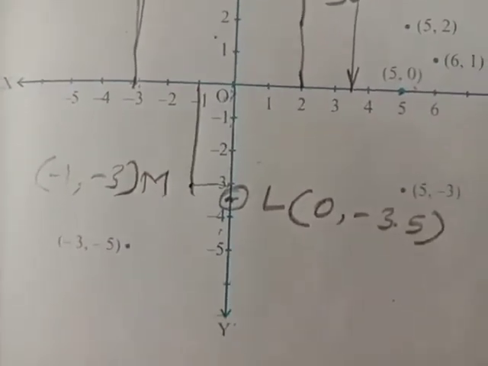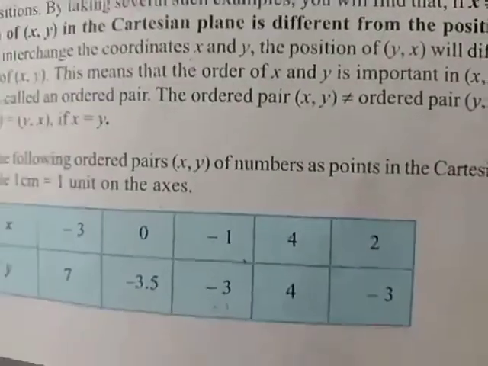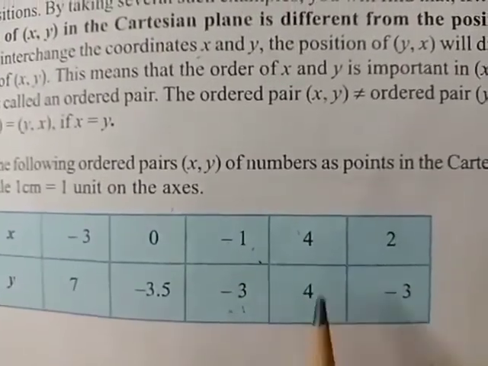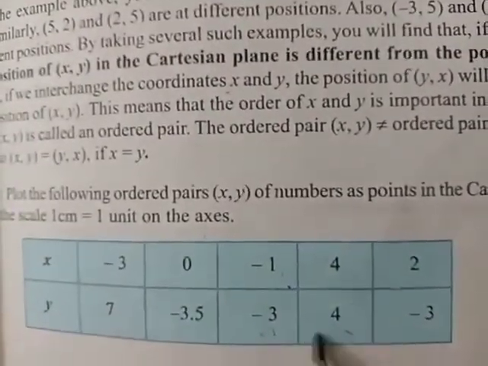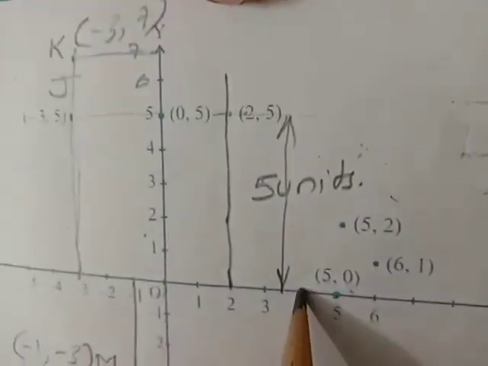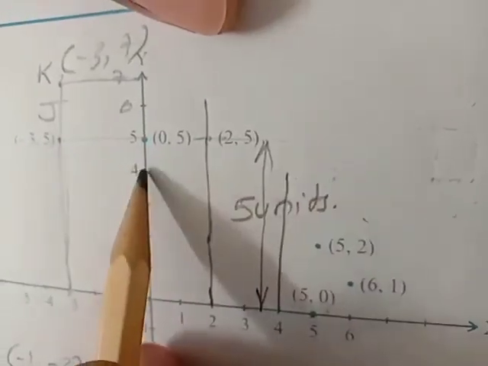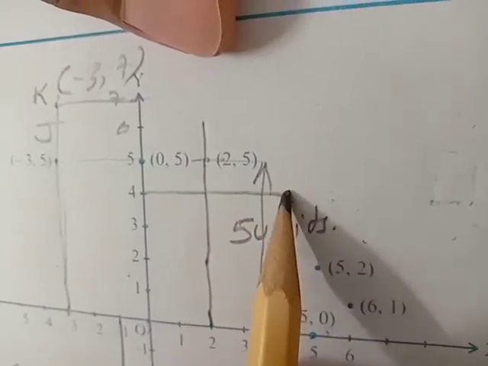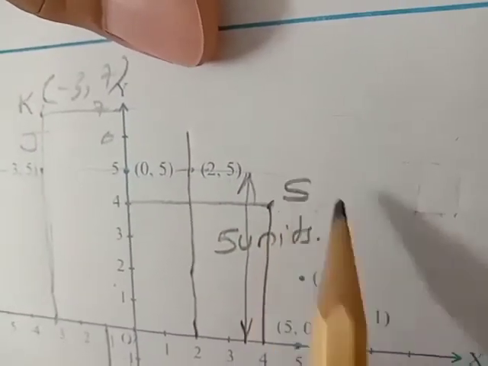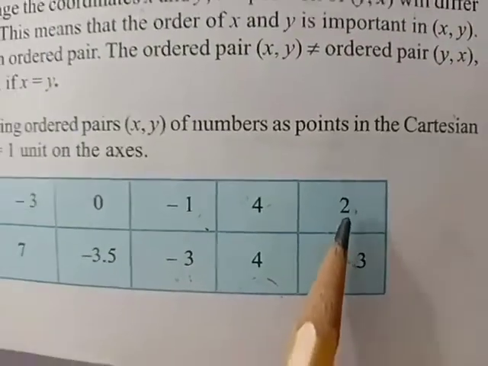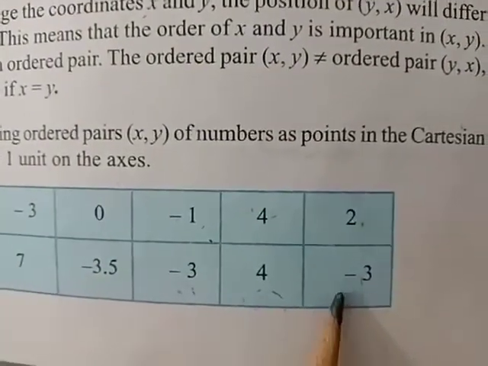In a similar fashion you can plot (4, 4). The x coordinate is 4, y is also 4, both are plus, so they will be in the first quadrant. 4 units, 4 units, you can call this S, (4, 4). Now let's try to plot this (2, -3). This is the last one.